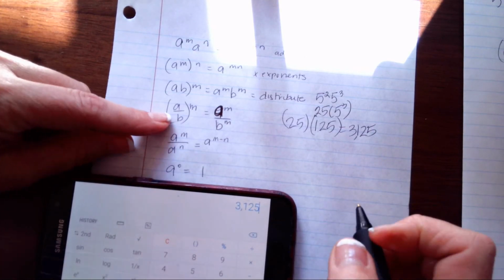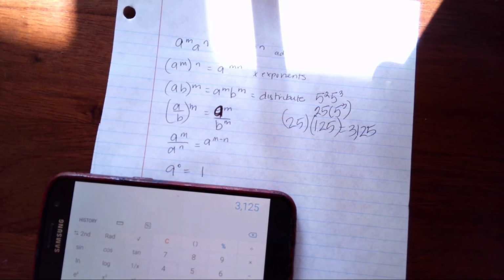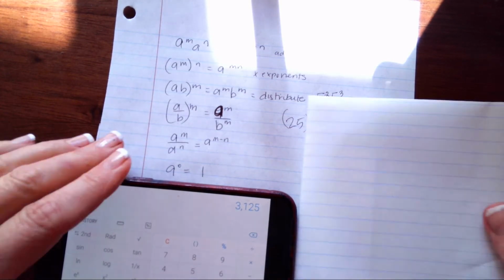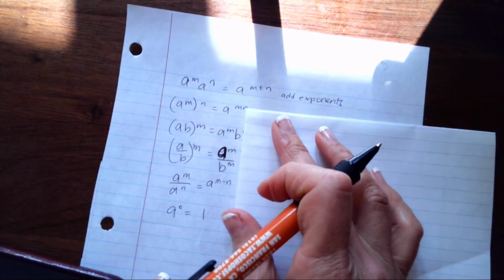25 times 125, 3,125. For this one, we are going to do a over b to the m power. I didn't come up with my b yet.